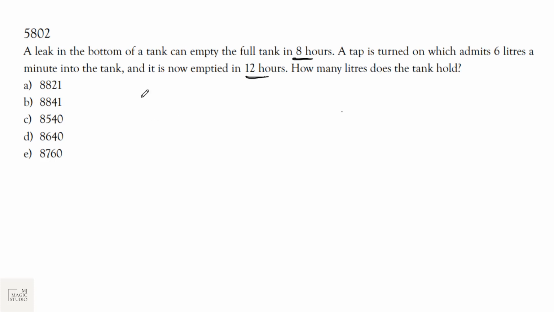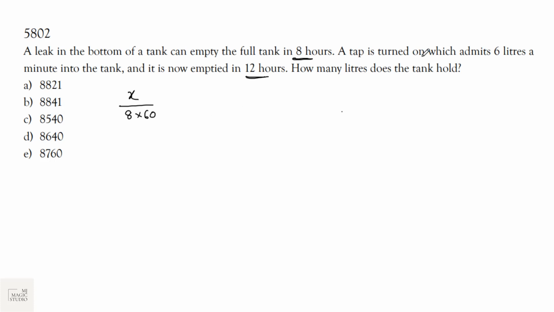Now, if we go with the traditional method, let the tank hold x liters. Then what is the rate at which the leak is emptying the tank? It is x by 8 into 60, x liters divided by 8 into 60. This will give us something liters per minute, which is the rate at which the leak is emptying the tank.